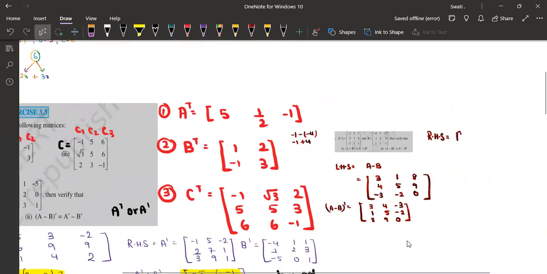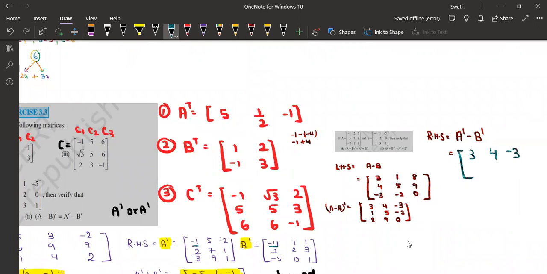So we have to subtract it. That means -1 minus -4, that is -1 plus 4, and that is going to be 3. So the first entry is 3. Next is 5 minus 1, that is 4. Next is -2 minus 1, that is -3.